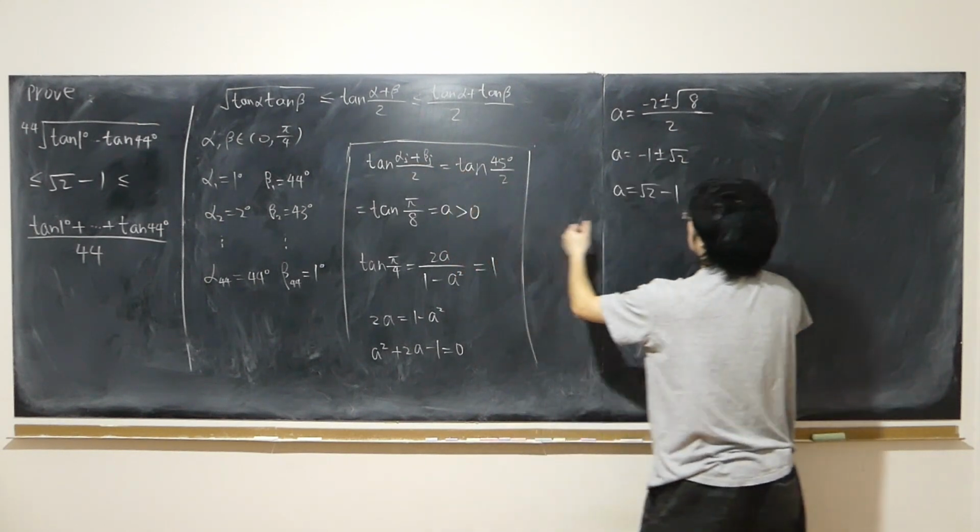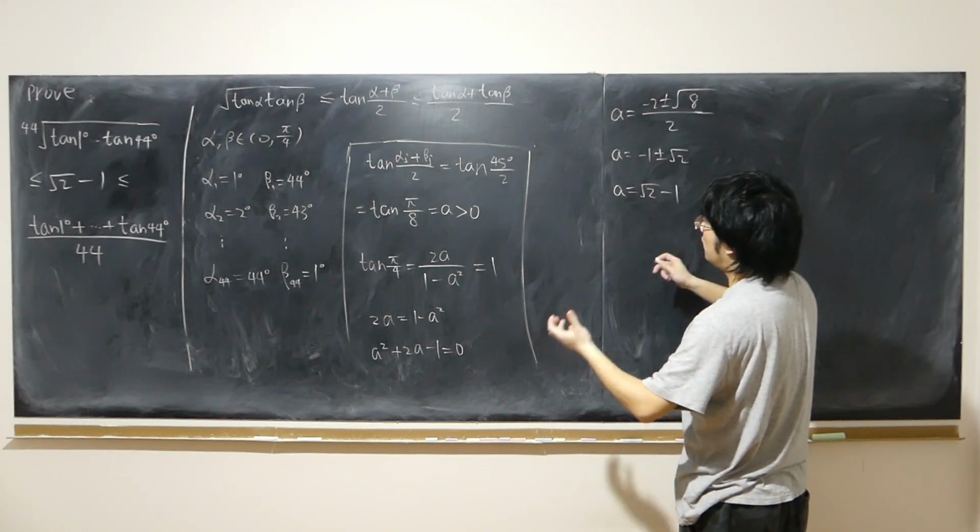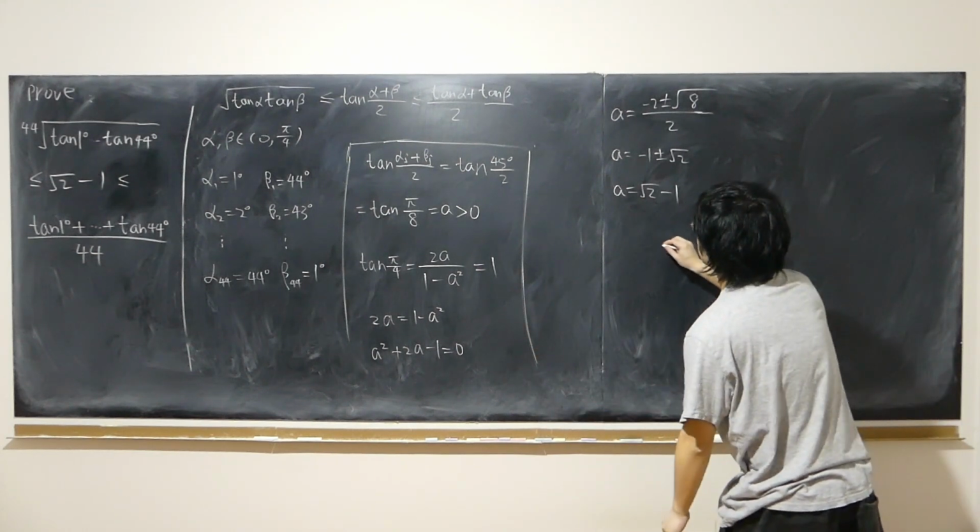So for any alpha j, beta j, tangent half of alpha j plus beta j is always equal to this number. Like I said, I got 44 of them, so add them all together.